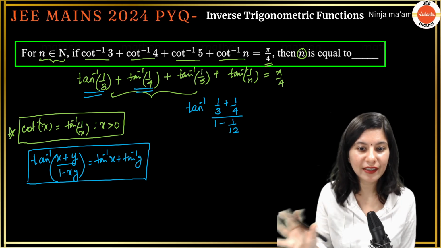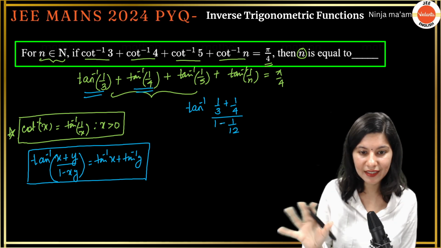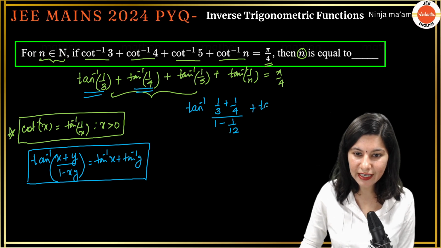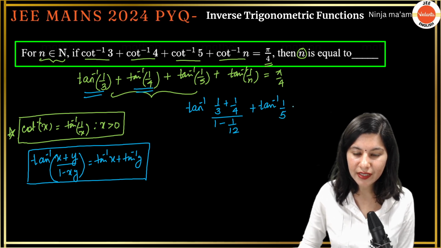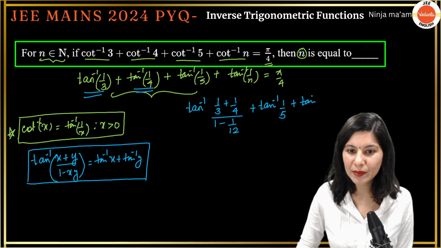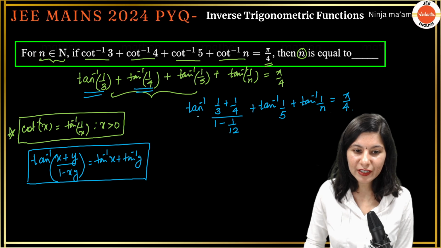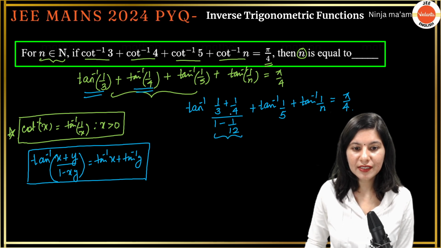So we don't have to worry about adding any pi or any constant. The direct formula we can apply over here. And this is plus tan inverse 1 by 5 plus tan inverse 1 by n is equal to pi by 4. Correct?